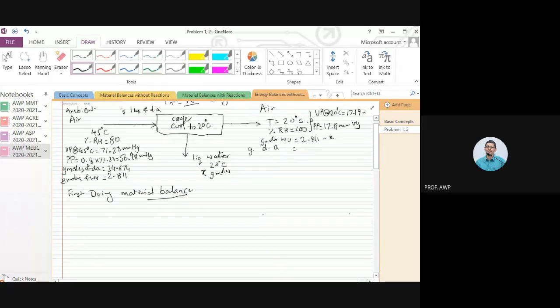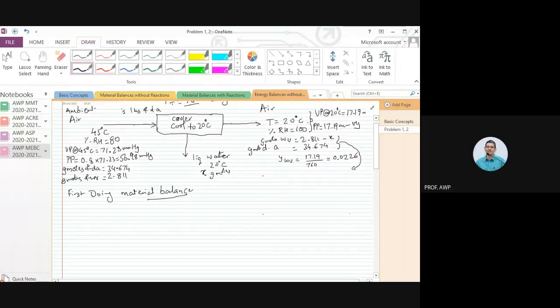I already have the partial pressure at 20 degrees Celsius, so I again calculated the mole fraction at 20 degrees Celsius. That is 17.19 divided by 760, which comes out to be 0.0226.